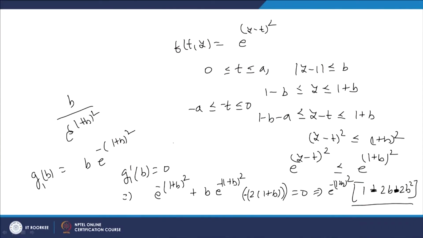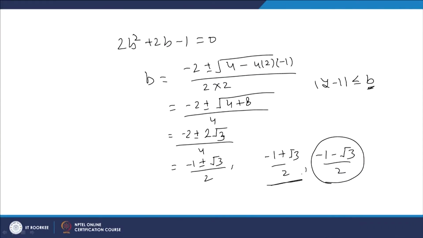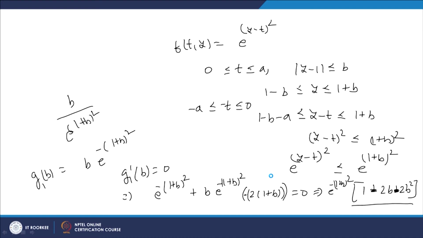So, we say that in what we have shown here, for this value b, G1 b extremizes. Now, we can further check that it not only extremizes, it actually maximizes the function G1 b. So, that is what we wanted to show here.